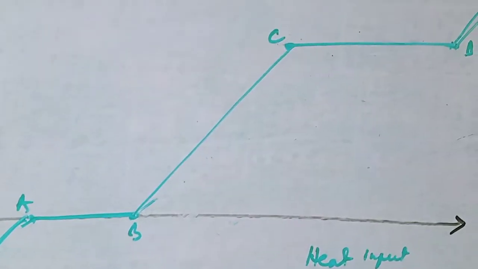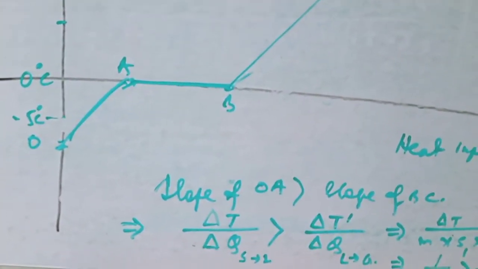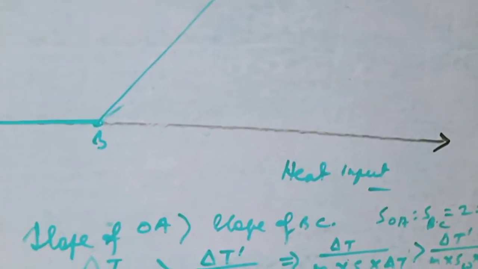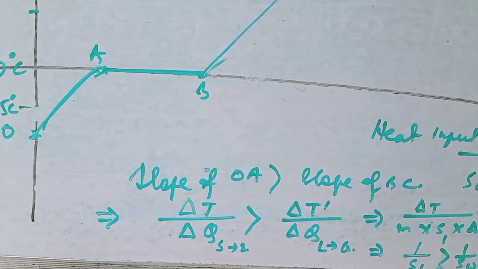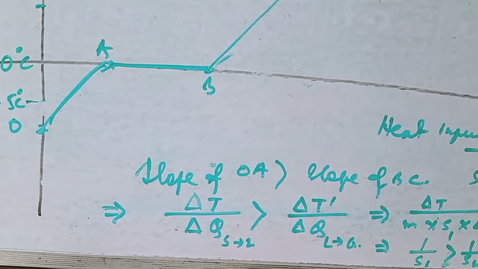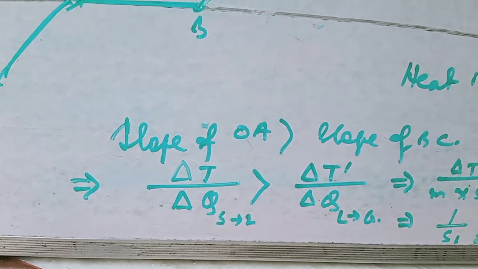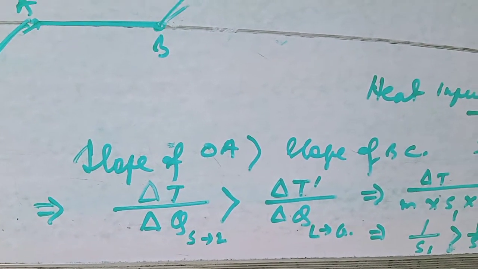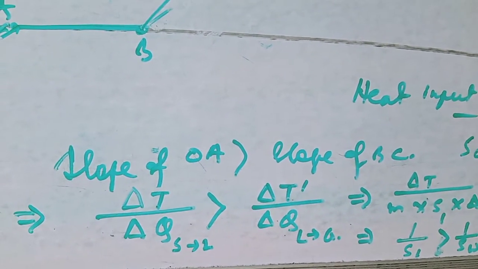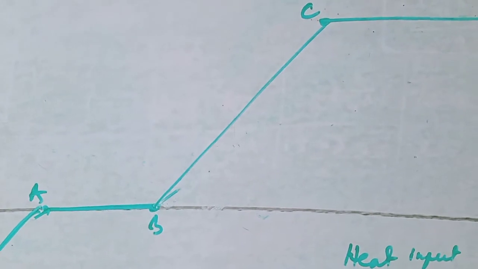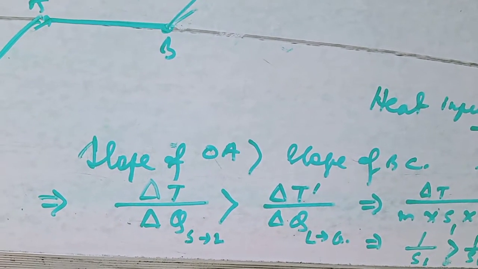Slope means here change in temperature along the y-axis by heat absorbed, which is taken along the x-axis, del y by del x. So change in temperature by heat absorbed for OA is greater than del T by del Q for BC.